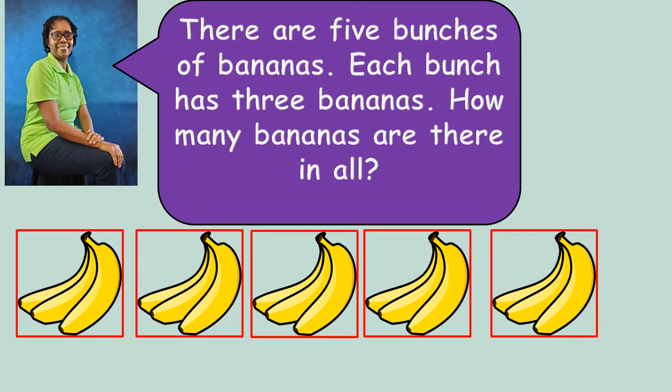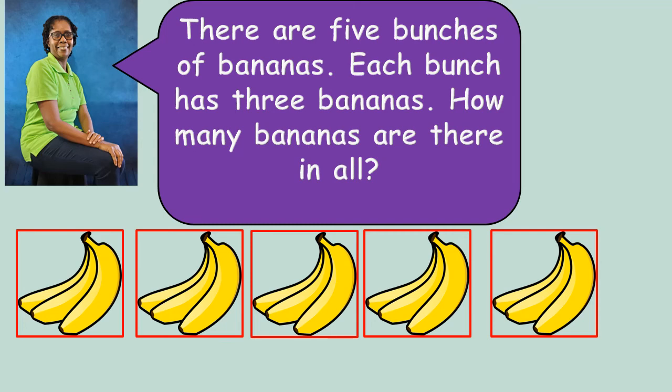All right? Now, each bunch represents one set. So remember step 1, what you're supposed to do first, then step 2, and then if you know your tables, as I said before, you can just say that answer. You don't have to count up all these bananas.